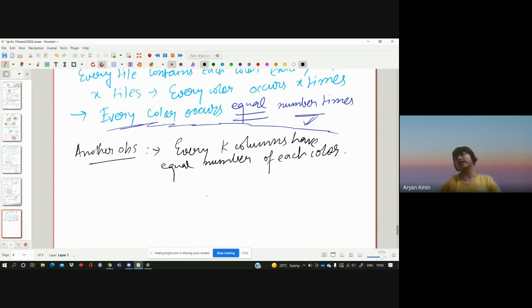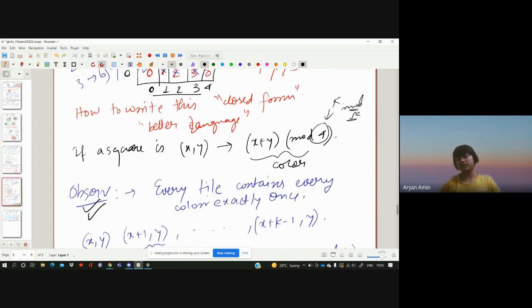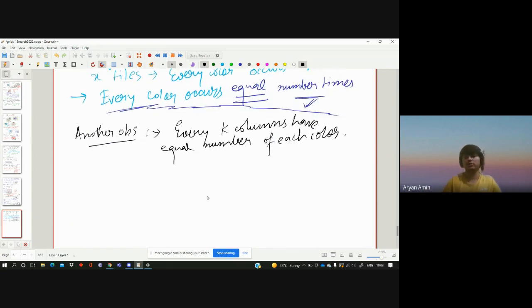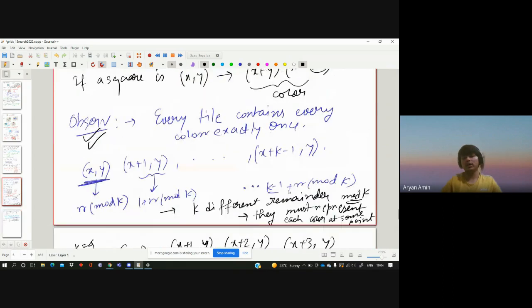This is kind of the same idea, because you have k distinct remainders per column, and hence an equal number for each color, because you can view a color as basically one residue modulo k. So this observation also holds true.